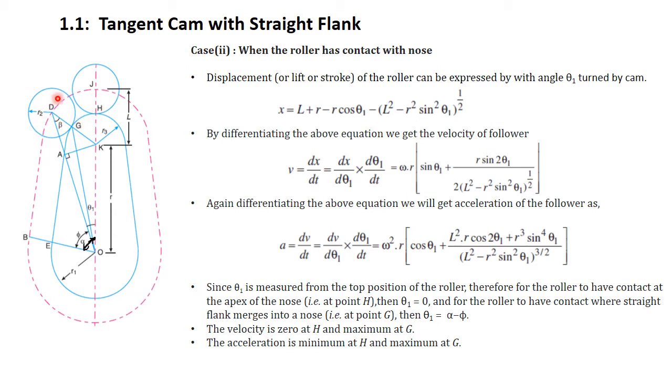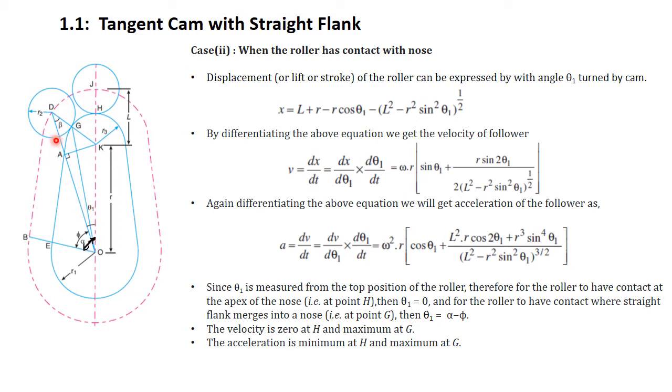So if we see the motion on the pitch curve, then the roller moves from point D to point J on the surface of the nose when displacement increases, right? And the angle measured between D and J is theta 1.